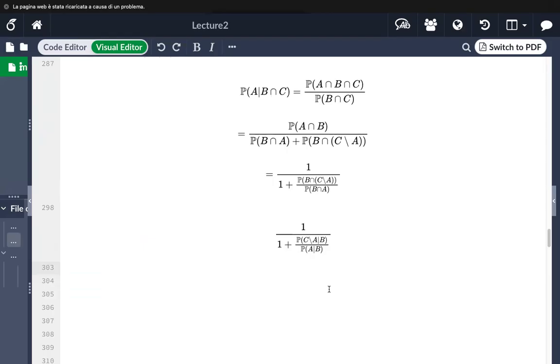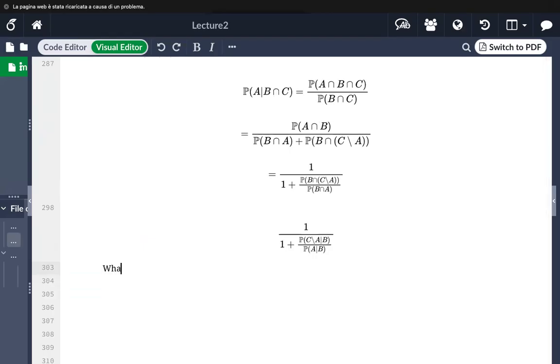So you see that actually what matters is not the probability of A given B, but rather its ratio against the complementary event.